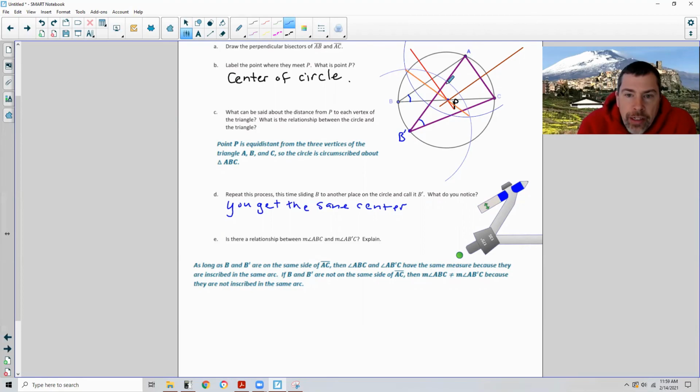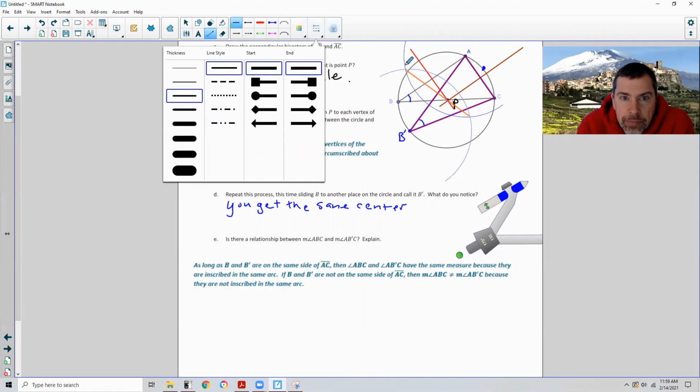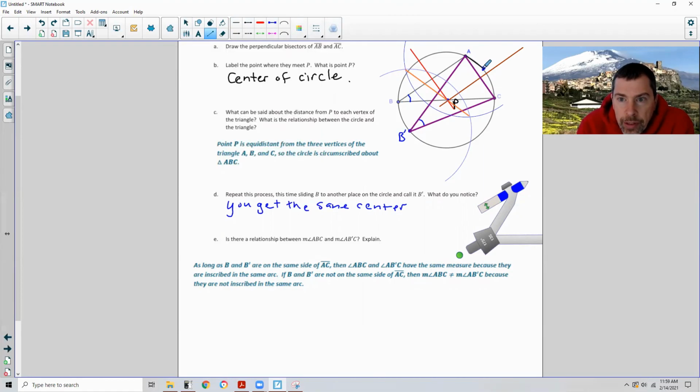So what they're saying is B prime could be here. And then if I draw a segment from here to here and here to here, then now B prime is obtuse, therefore not equal to B. B is acute, this is obtuse.